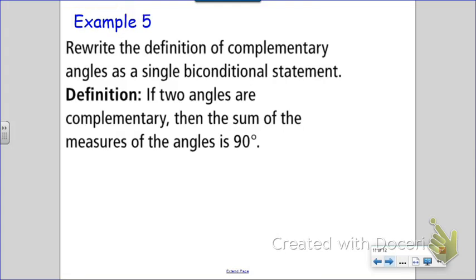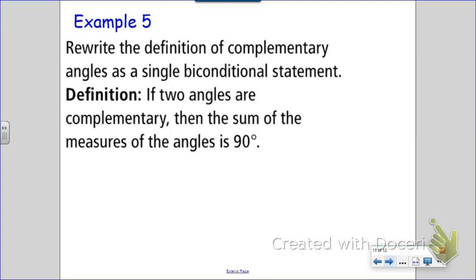Our next example: write the definition of complementary angles as a single biconditional statement. If two angles are complementary, then the sum is 90. We know that the converse is also true. If the sum of two angles is 90, then they are complementary.